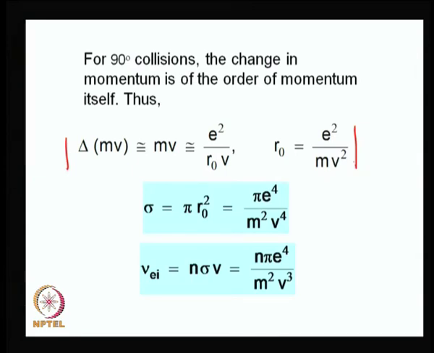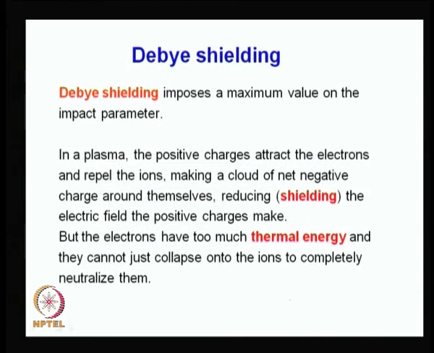And once again, using the classical total collisional cross section as pi r0 squared, we simply put r0 squared here, and we get the collisional cross section as pi e to the power 4 upon m squared v to the power 4. Therefore, the collision frequency is simply n sigma v. We have defined it earlier, and this is equal to n pi e to the power 4 upon m squared v cubed. So, we have our collision parameters.